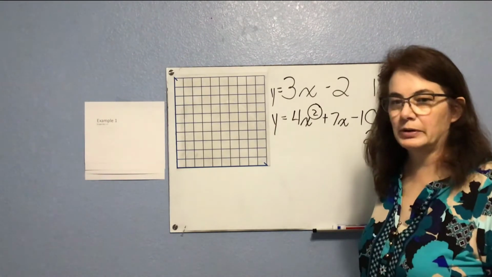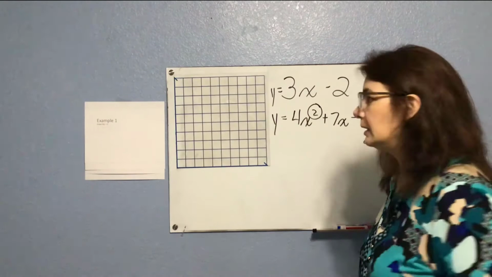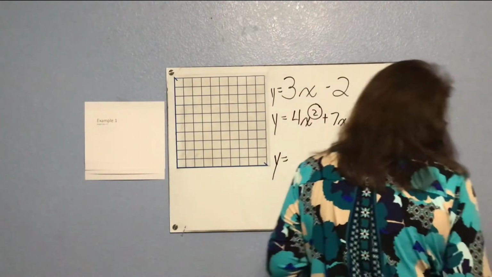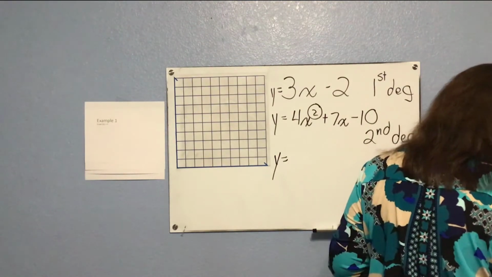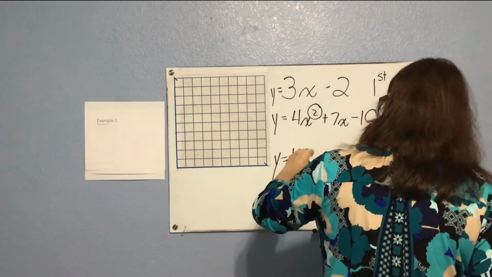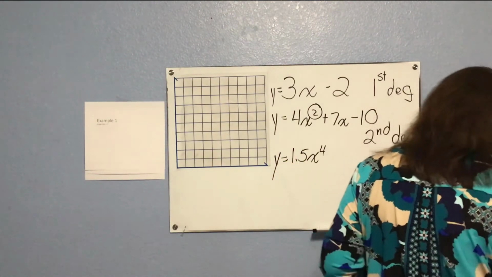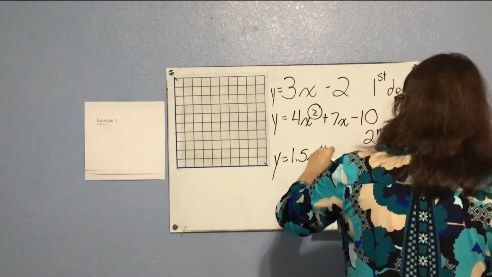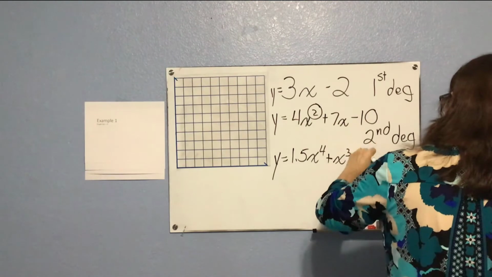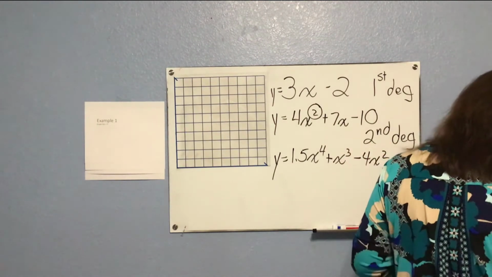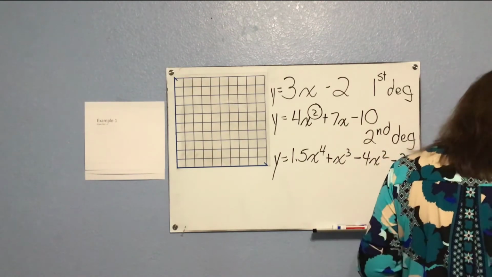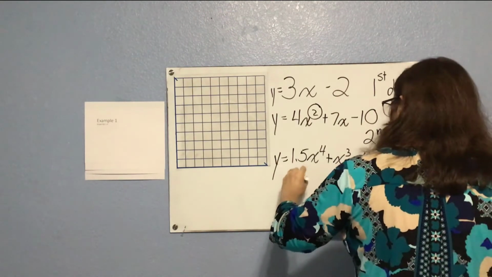In this section, we're going to be looking at third and fourth degree polynomials, such as perhaps y equals 1.5x to the fourth plus x cubed minus 4x squared minus 3x plus 4.